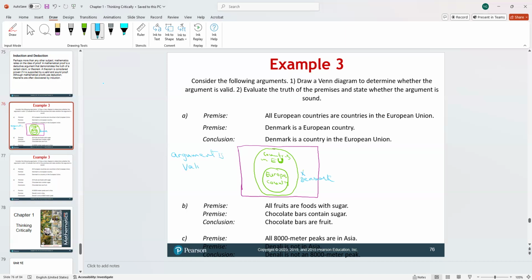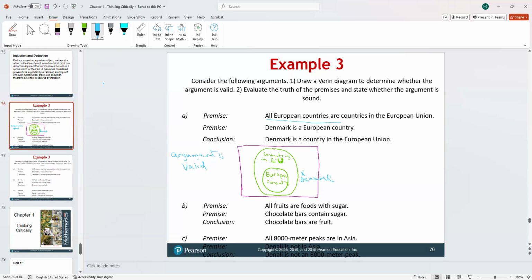But is it sound? Remember, we're working with deductive reasoning here. The argument is not sound since the first premise is false, right? So all European countries are in the European Union.